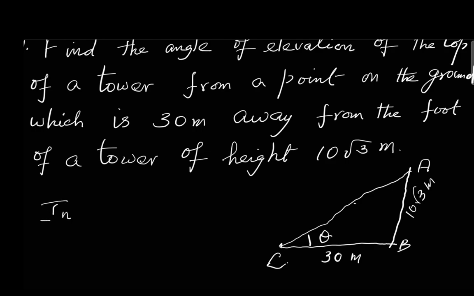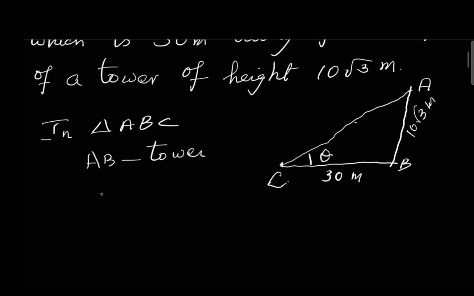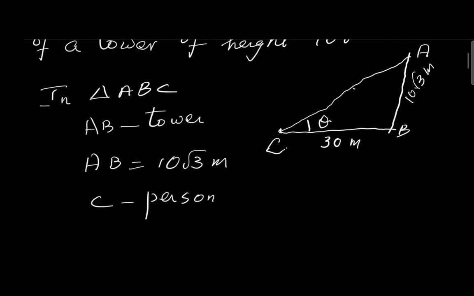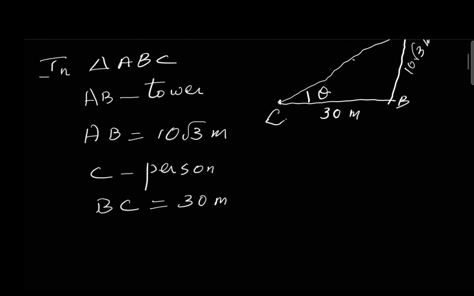So first write, in triangle ABC, given AB is the tower whose height is 10 root 3 meter. C is the position of the person whose distance from the foot of the tower, BC, is equal to 30 meter.